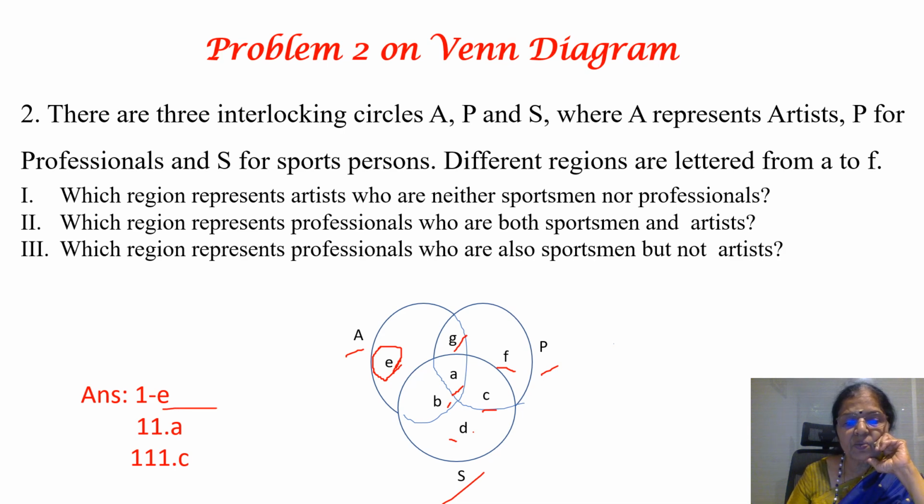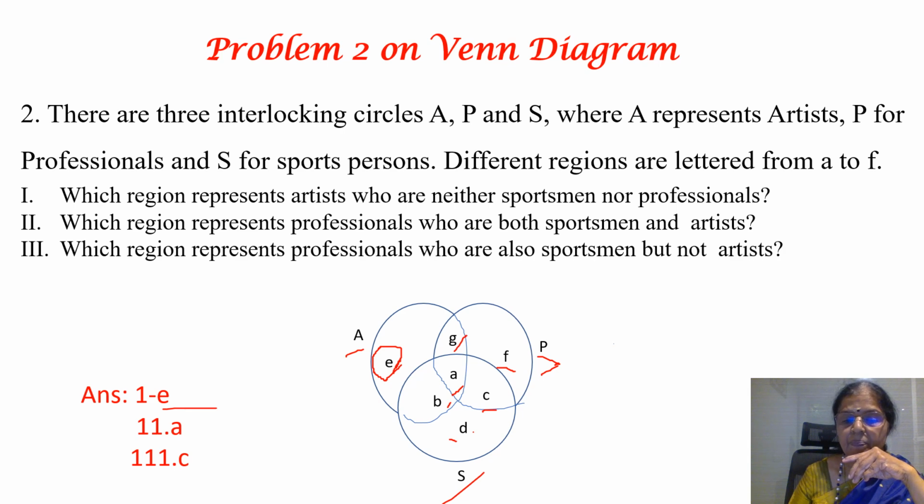The second question says: which region represents professors who are both sportsmen and artists? So now go to the circle professors P, and in this circle select the professors who are both sportsmen and artists. So there should be overlapping between the artist circle and also the sportsmen circle. He should be a professor, a sportsman and an artist.